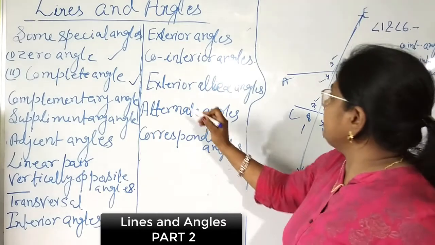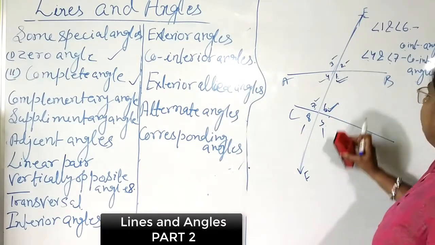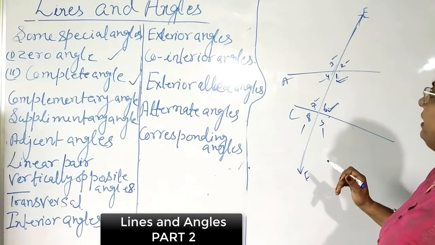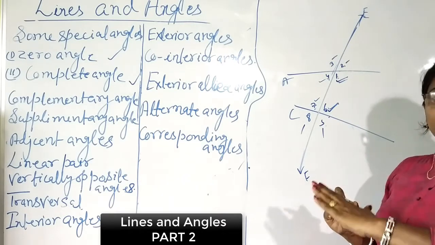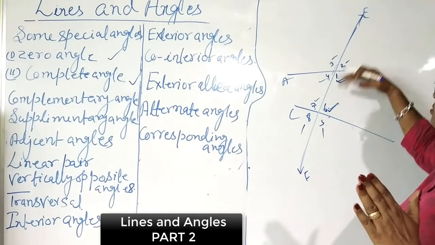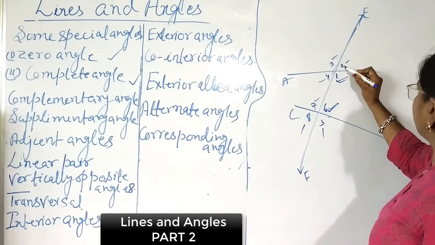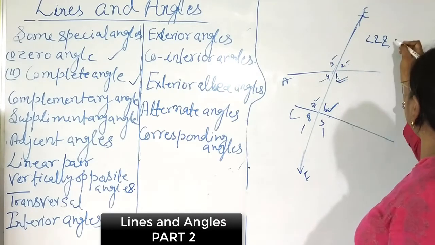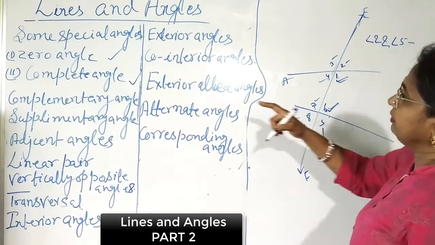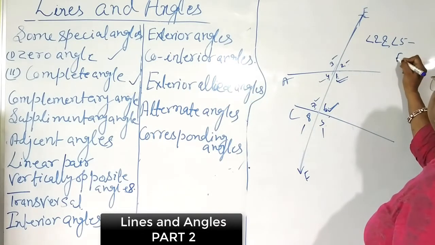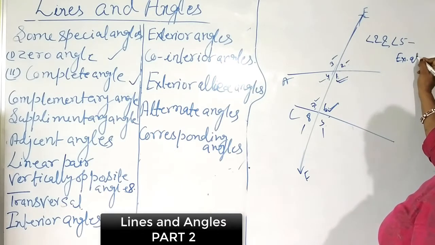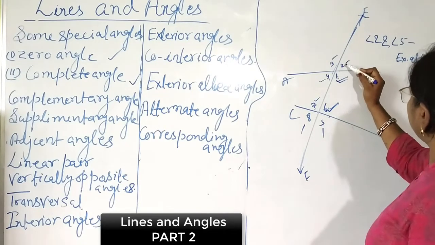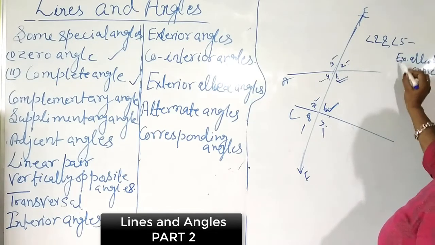Another term is exterior allied angles. That means on the same side of the transversal line and outside the given lines. That means angle 2 and angle 5 are exterior allied angles.